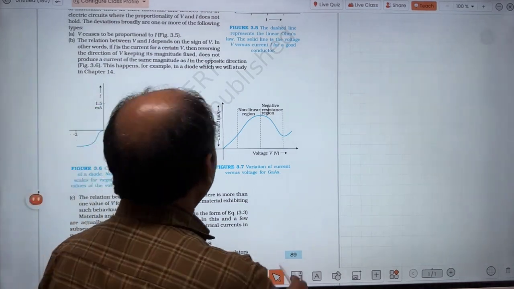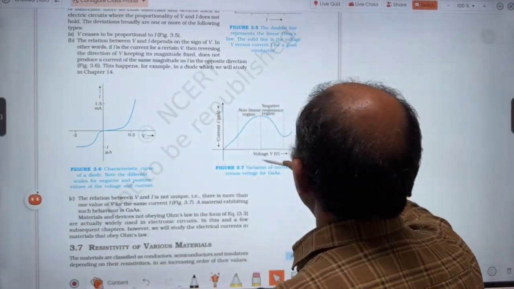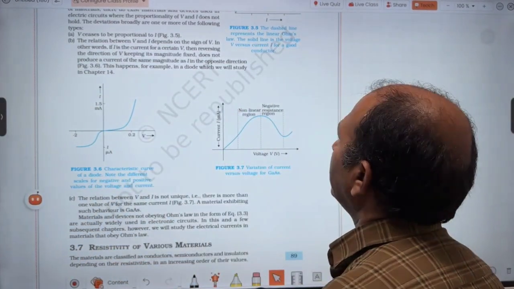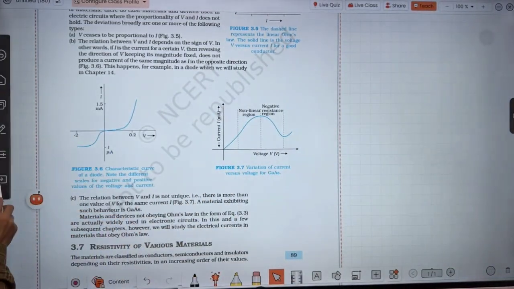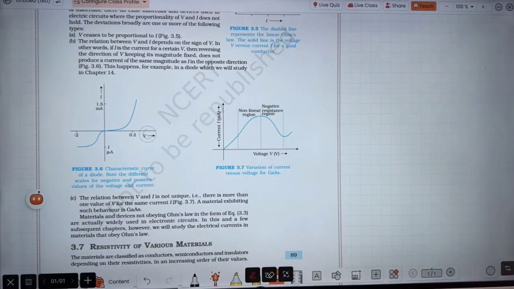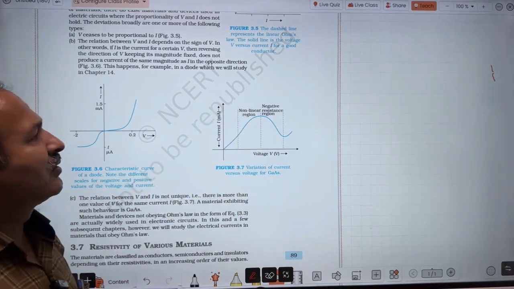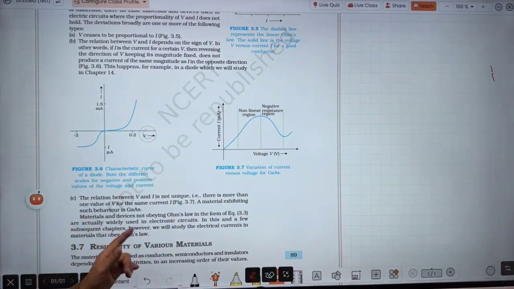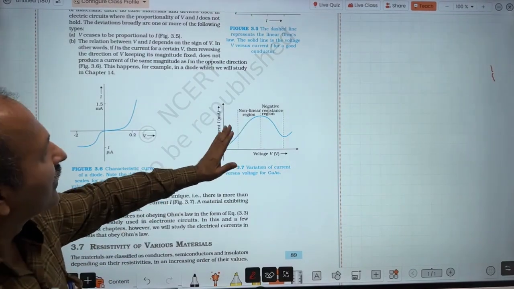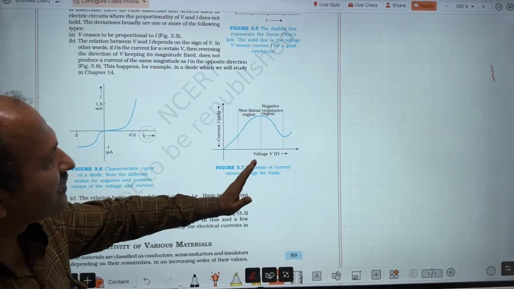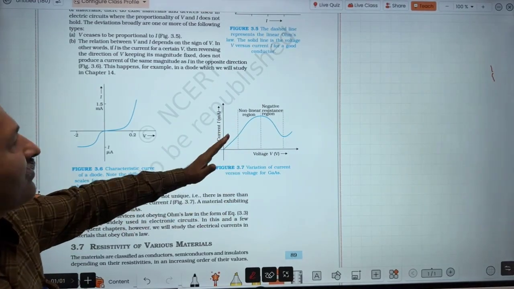Here what you observe is that voltage is increasing, but current is decreasing. There is one interesting point here. If voltage is increasing and current is decreasing, what will the resistance be? Resistance will be negative. In this region up to here, current is increasing as voltage is increasing, although not linearly.